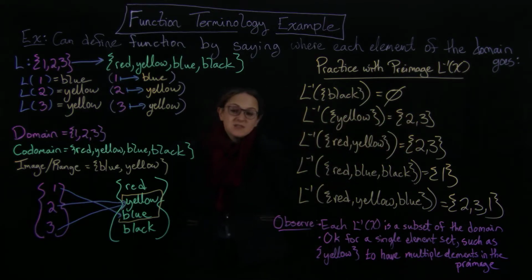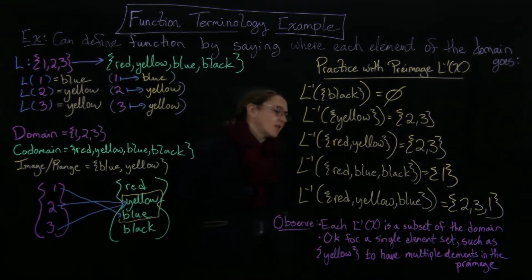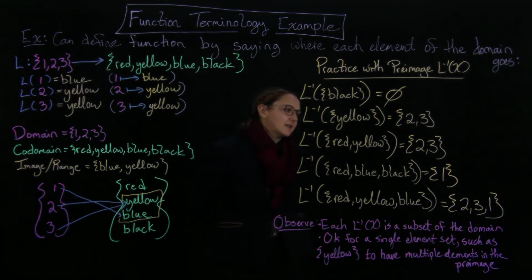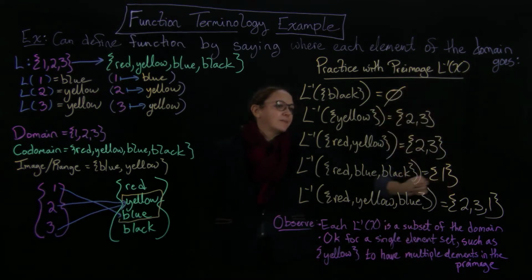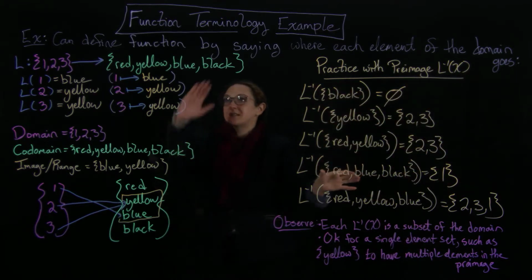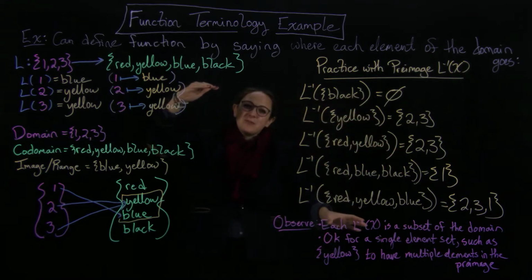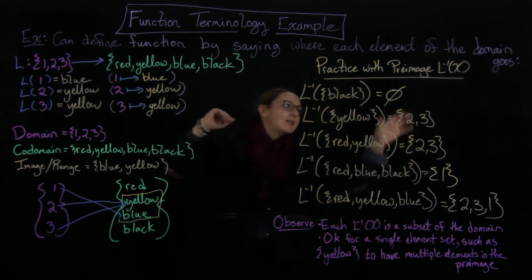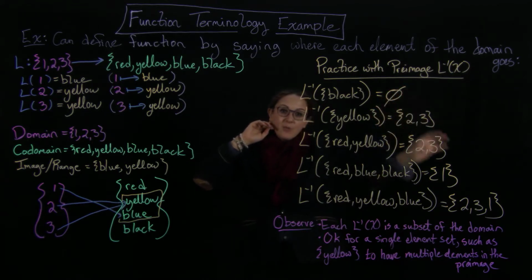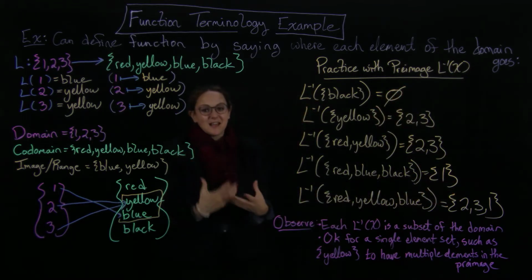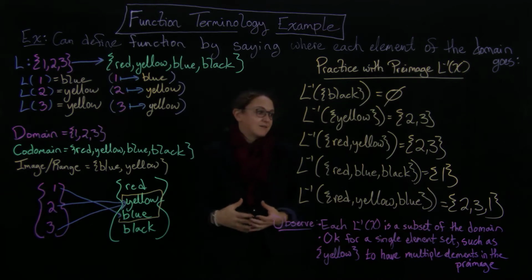There were 2 things that went into that set, which was just yellow. And then the other thing is that you take preimages of things in the codomain, and their outputs should be a subset of the domain.